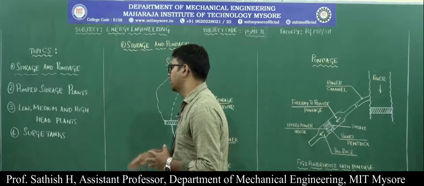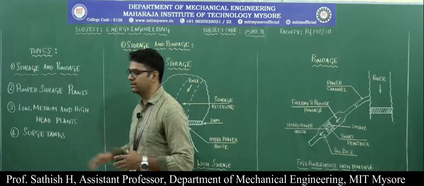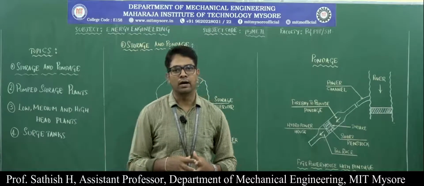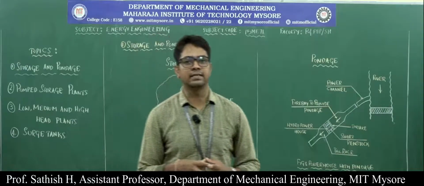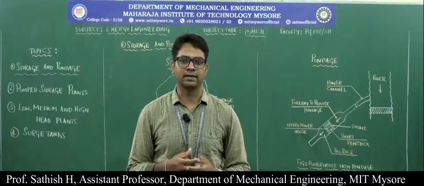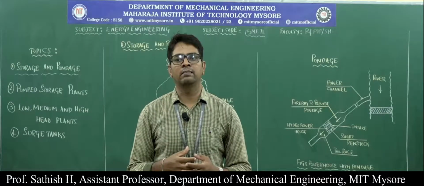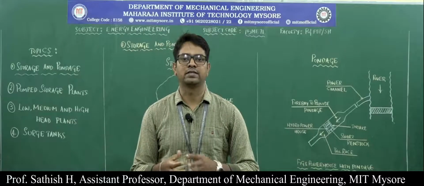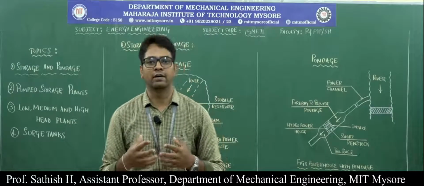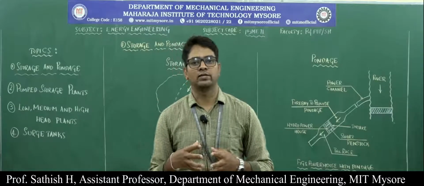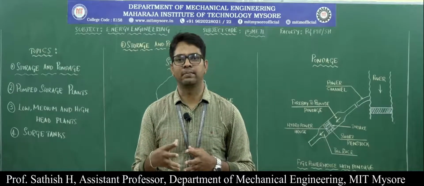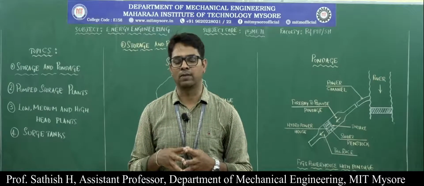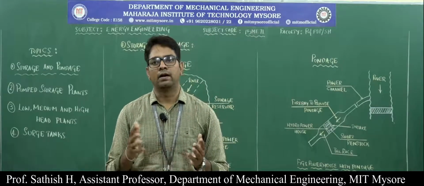Next we have low, medium, and high head power plants. Hydroelectric power plants are classified on various criteria. One of the criteria is the head available, so they are classified as low head, medium head, and high head power plants.